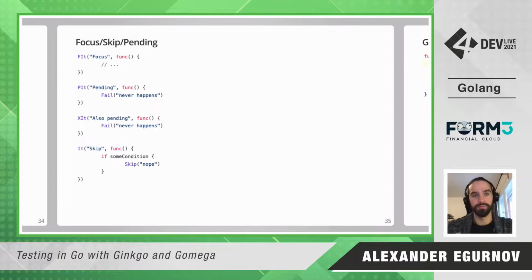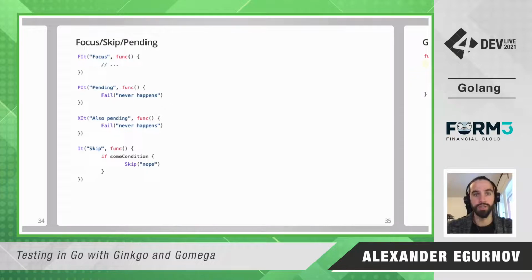You have limited control on what's getting executed, and it's quite comfortable to switch the whole branches of your test on and off. Ginkgo has a really good way of doing this with focus and skip and pending. You just prepend one letter to your existing testing method. In this case, It, and you can focus on your test.